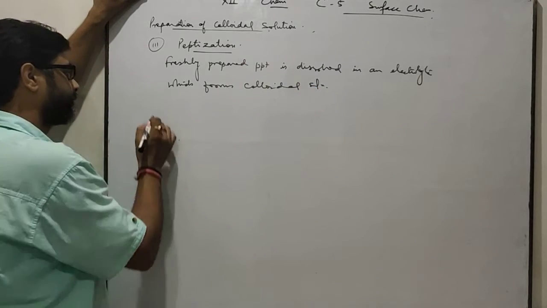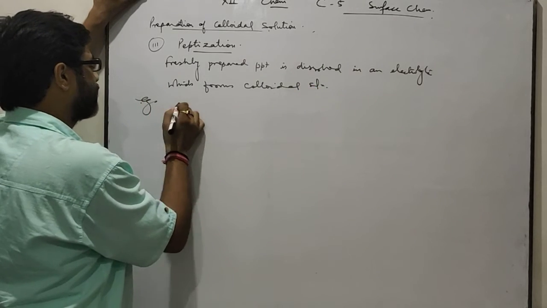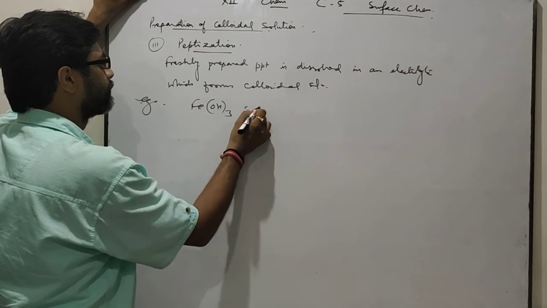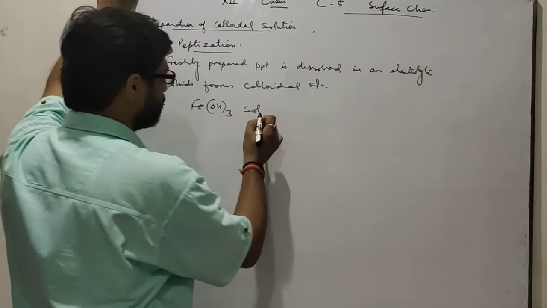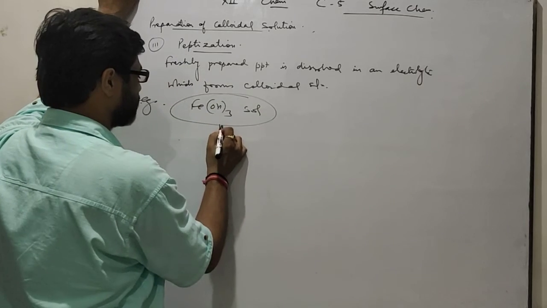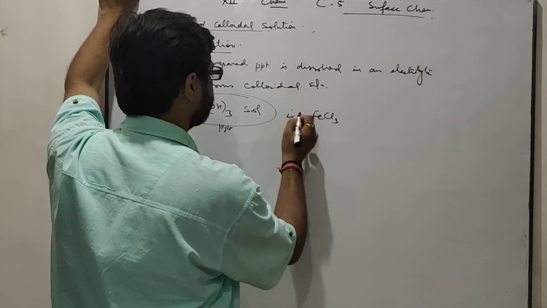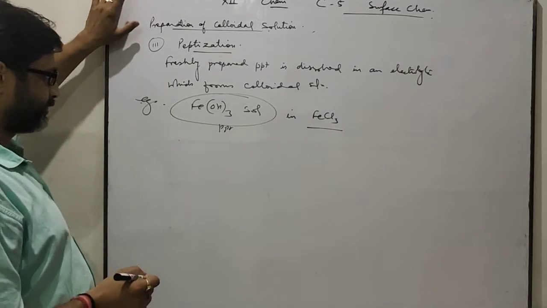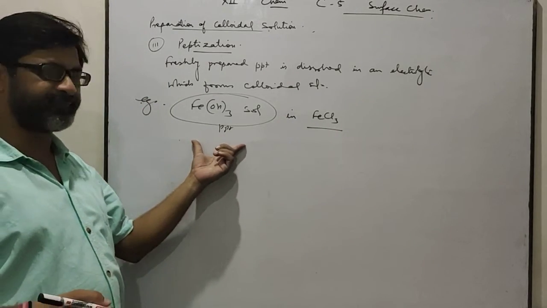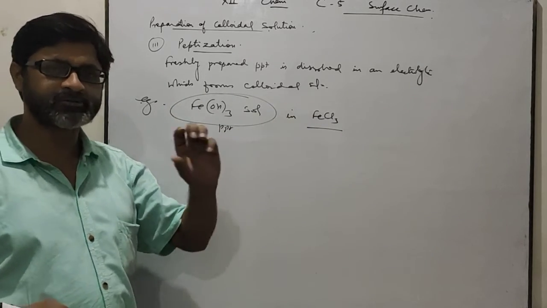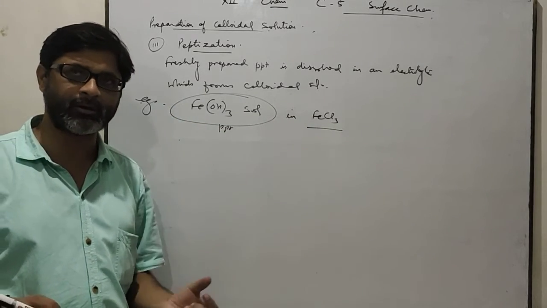For example, to prepare ferric hydroxide sol, we dissolve this precipitate in ferric chloride. Means freshly prepared ferric hydroxide precipitate is dissolved in a solution containing ferric chloride.